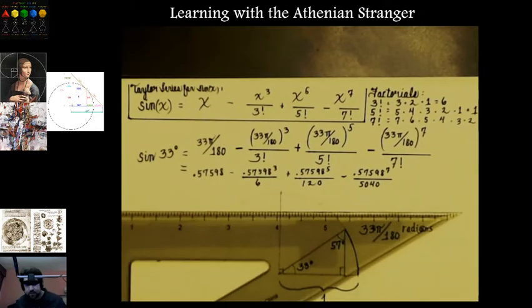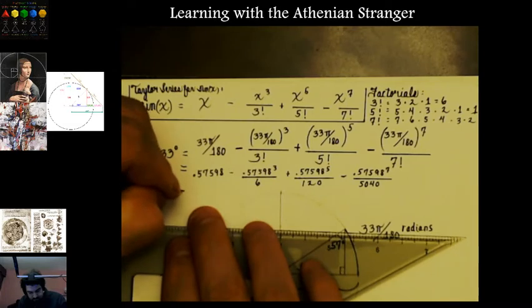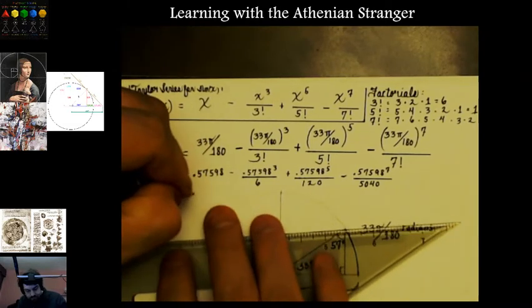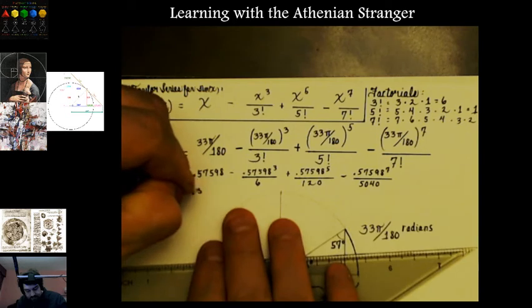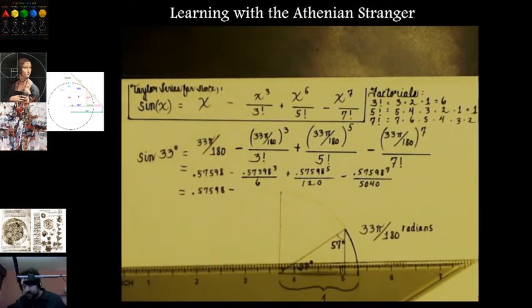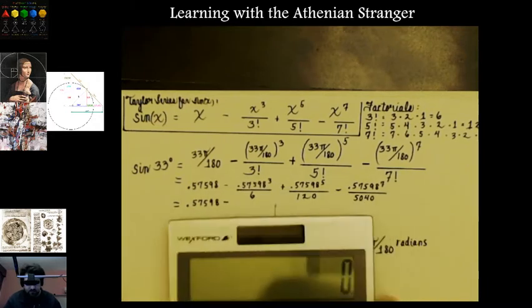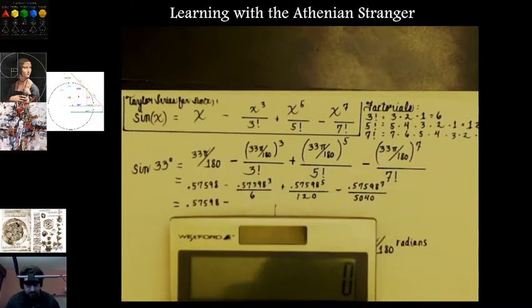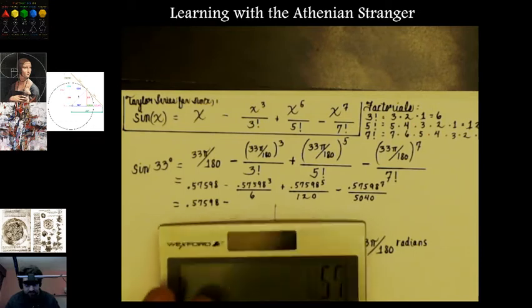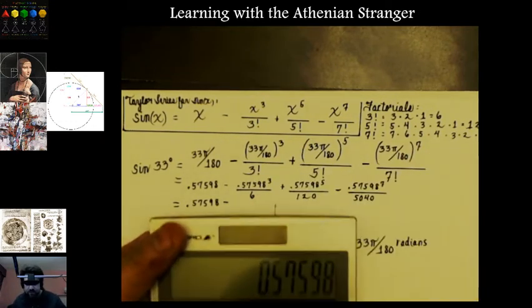Okay, so now we're going to compute each term. Equals 0.57598 minus. All right, here we go with the calculator. You follow along with your calculator. 0.57598. Now this one wants us to cube that number.